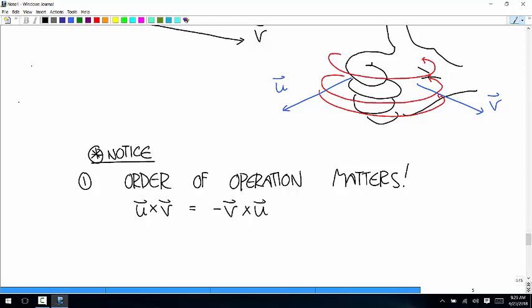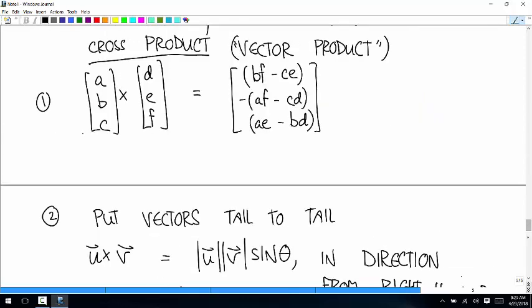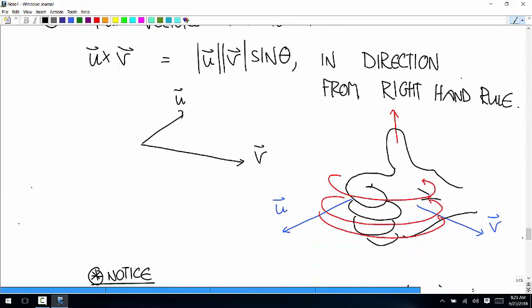It's going to end up mattering in a lot of ways. Theta, really, I guess if you think about it this way, theta stays the same, but the right-hand rule makes the direction switch.